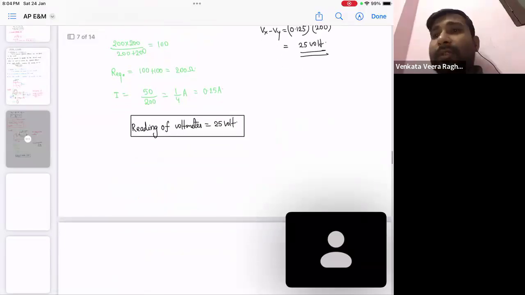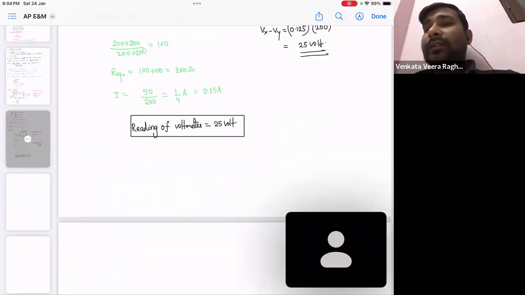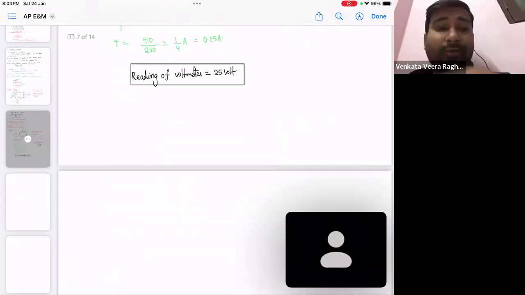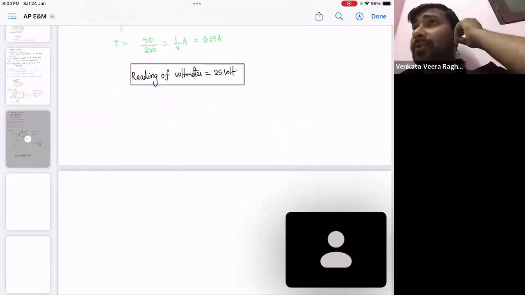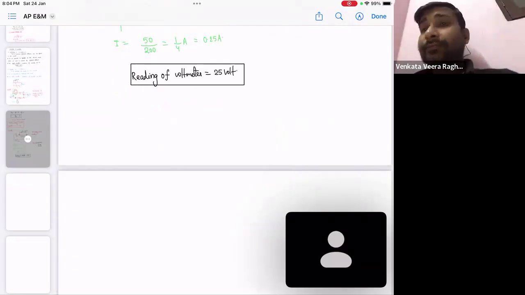Understood? Now, the next part we are going to discuss: whenever current flows through a resistor, what will happen? Heat is developed in the resistance, or you can say power is developed in the resistor.